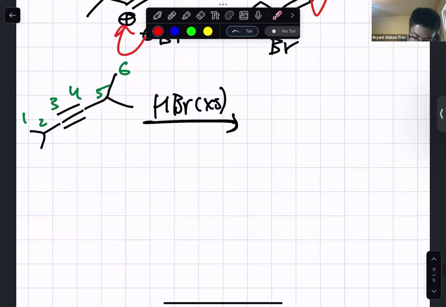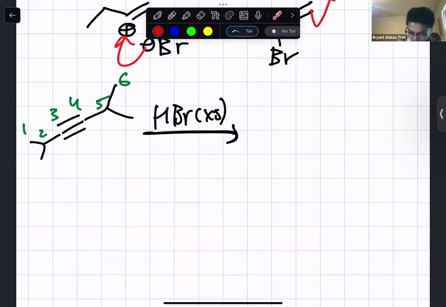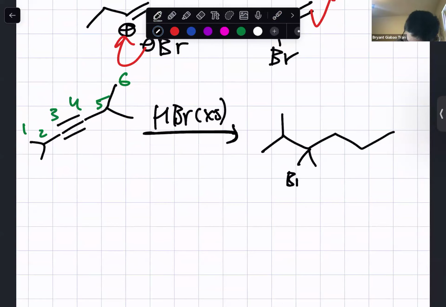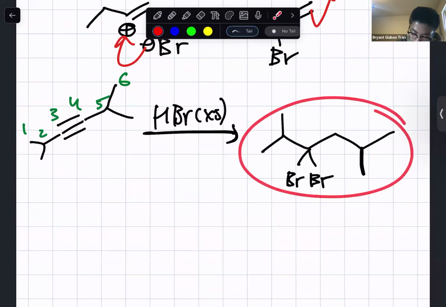But this internal alkyne here, they're both equally substituted, so it doesn't matter which carbon it attaches to. And it doesn't matter because you know how this is symmetrical? They're two of the same R groups. It could be at carbon 3 or 4, but that's going to be the exact same product. So that's our only product right there.